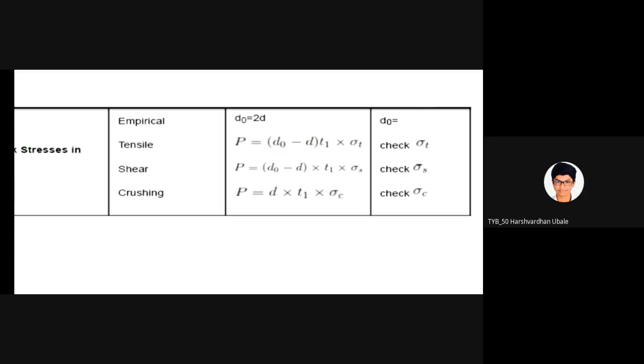Sir, sigma C is 42. Yes. What value of limiting sigma C have we calculated? 84. 84, right?